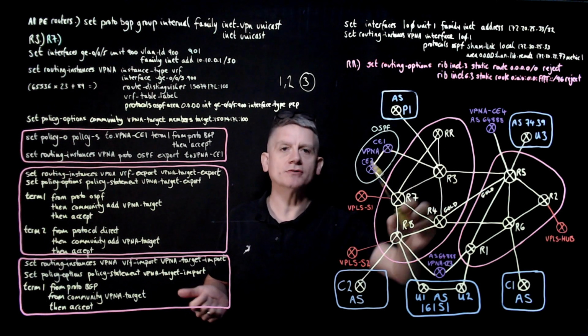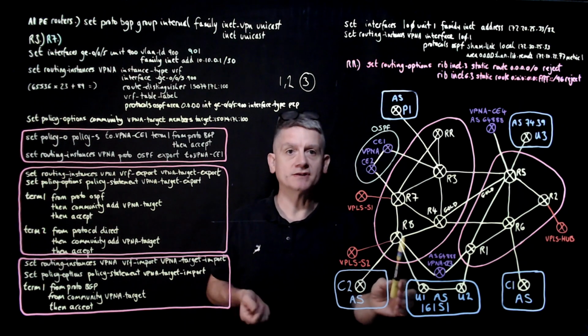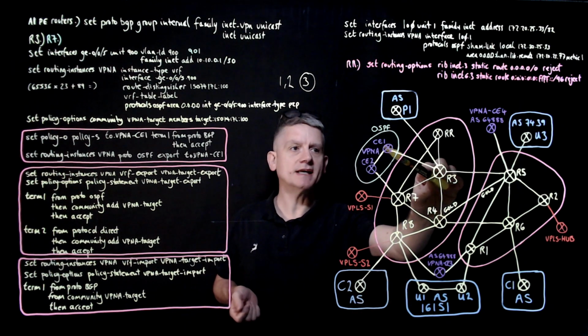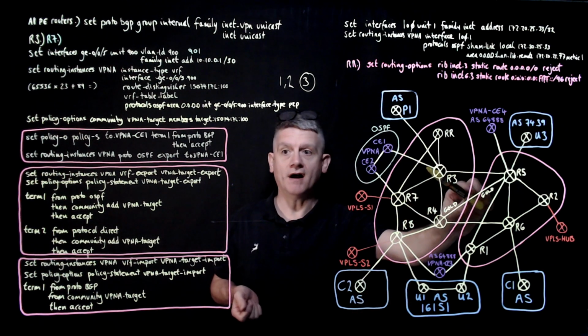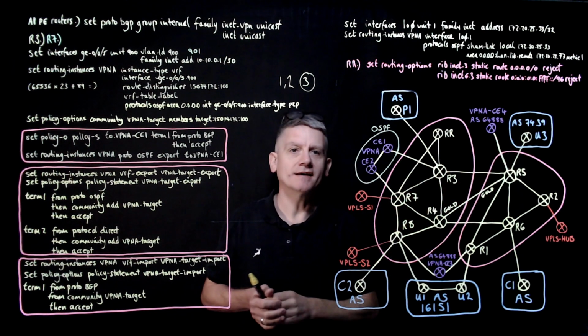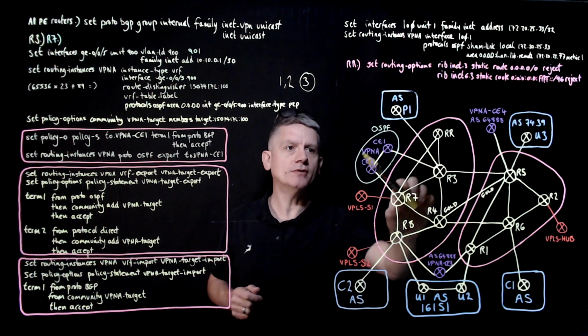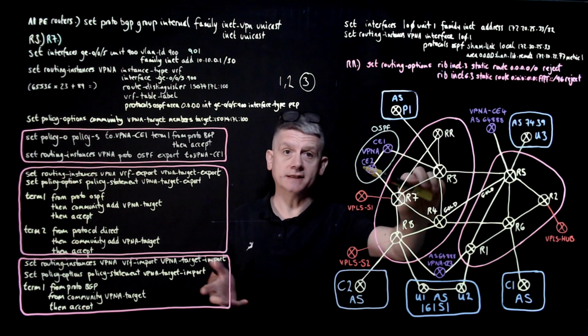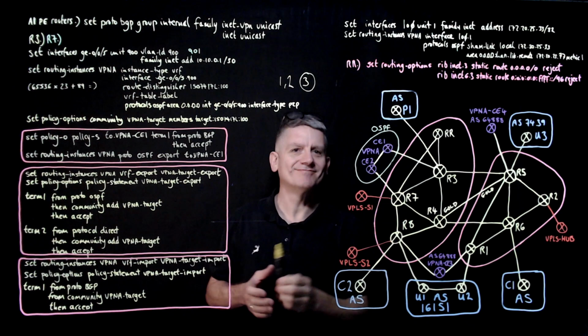Now, if that wasn't a backdoor, if that was just a connection between OSPF routers on the site, then what you would do is you would set the metric on this rather high, rather than having a metric of 1, and then it would prefer its internal. But for this example, this is a backdoor we want to avoid.